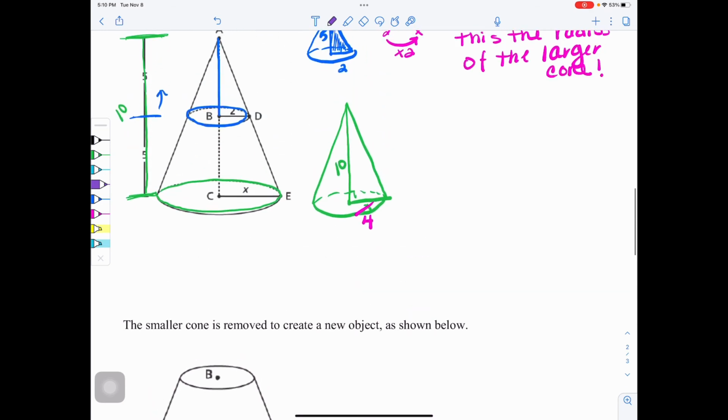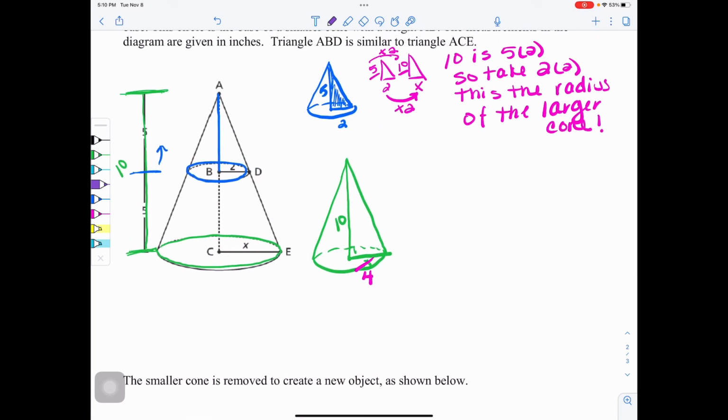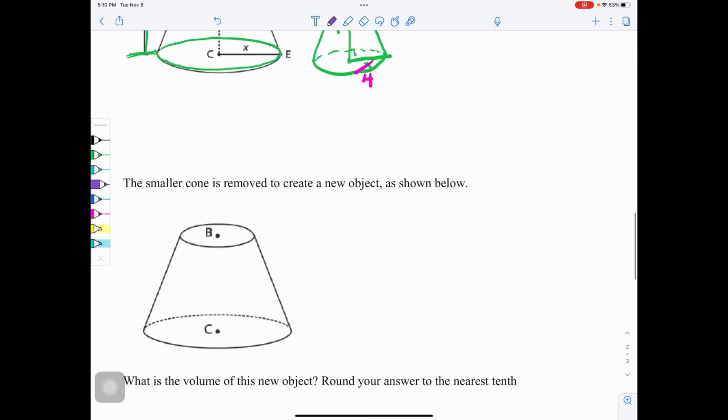So if I go up and find the larger cone's volume, and then if we're chopping off the top, that means I'm going to take away the volume of the smaller cone. That should leave us with the volume of this new shape that, again, looks very similar to a lampshade. So let's start working through this to figure out what's going on.